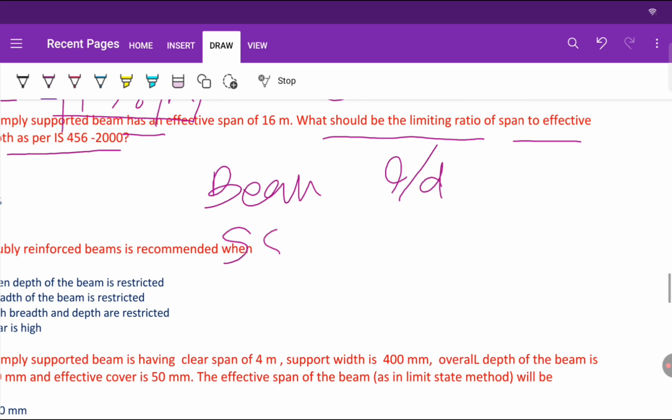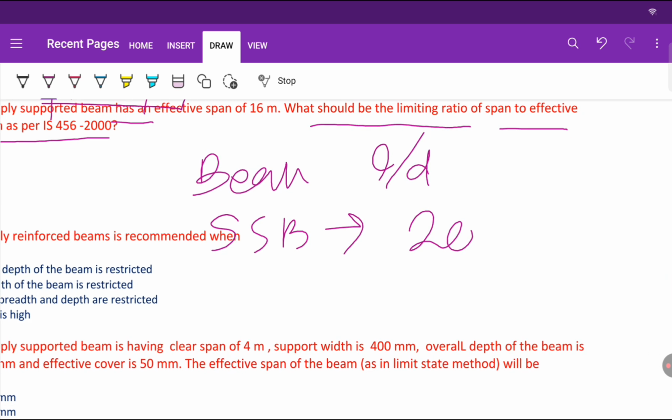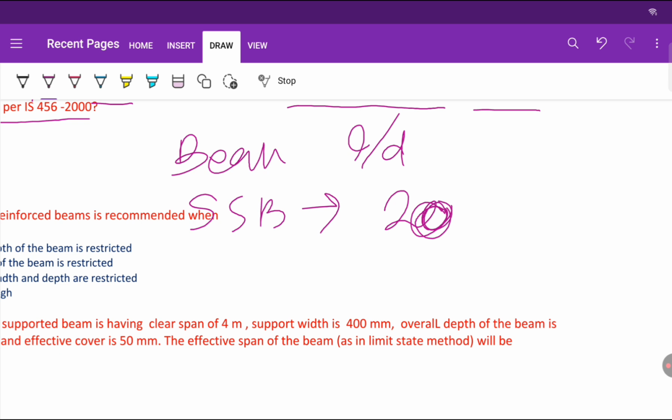So for simply supported beam, L/D ratio is minimum. Okay, this is minimum. L/D ratio you have to give minimum 20. Okay, minimum 20. And for continuous beam it is 26.